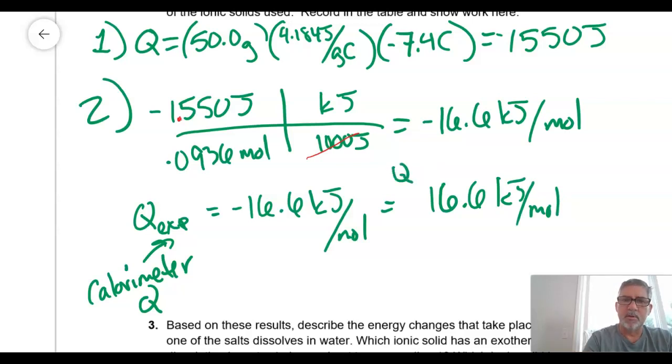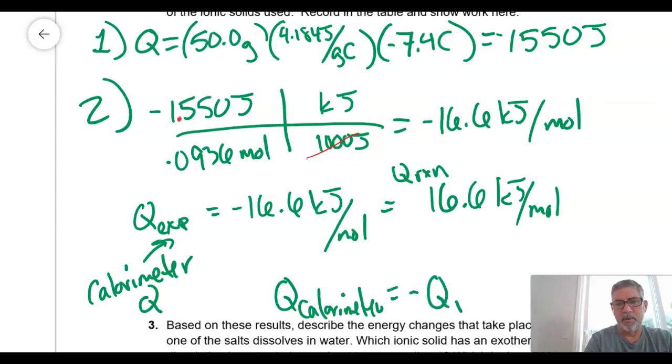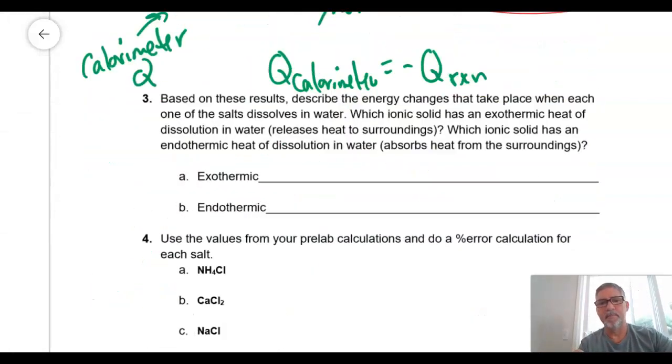And this would be my Q of my reaction. Remember that we talked about how the Q of the calorimeter is equal to negative Q of the reaction. So I have to change the sign here. This one right here is the one you have to use for your percent error.